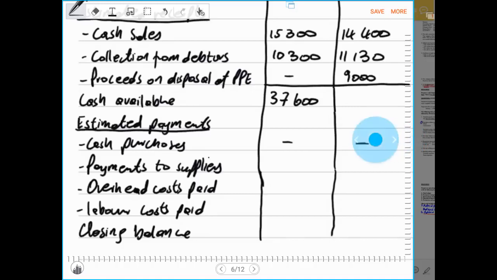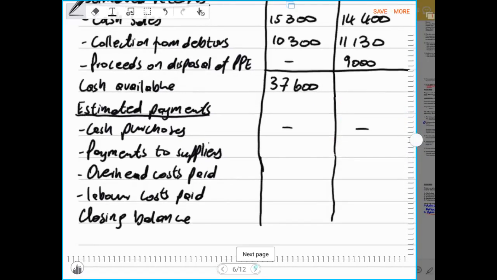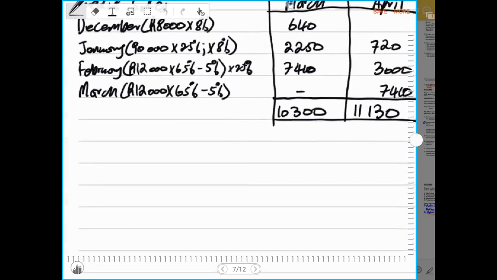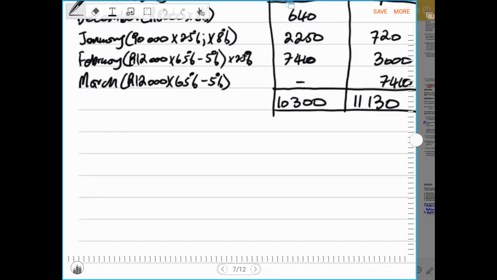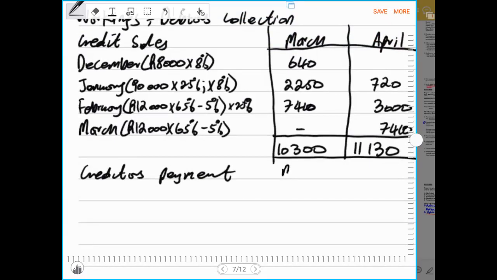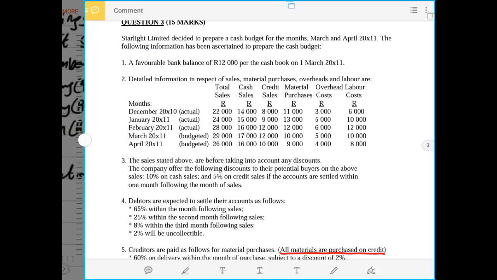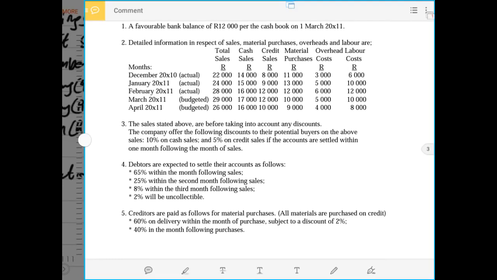Therefore, now let us do the creditors payment for the 2 months, March and April. Let us check when we buy on credit and when we expect payment to take place.